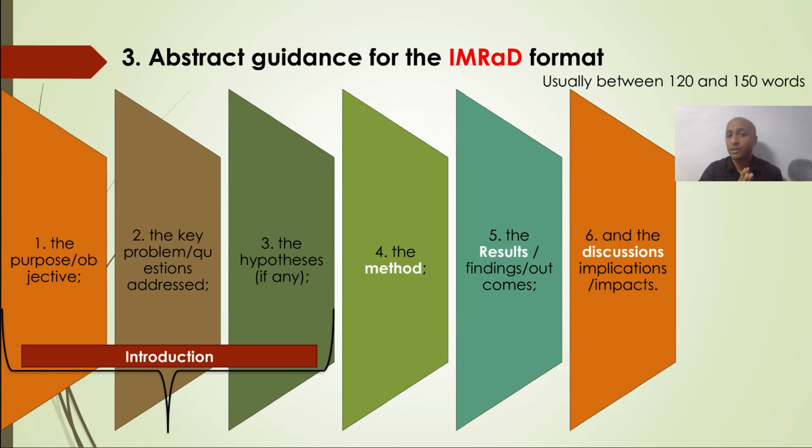The introduction should recall three elements: the purpose of the research, the question of the research, and the hypothesis of the research, if any. The objective of this article, the aim of this article, or this article's aims are common openings for article abstracts.